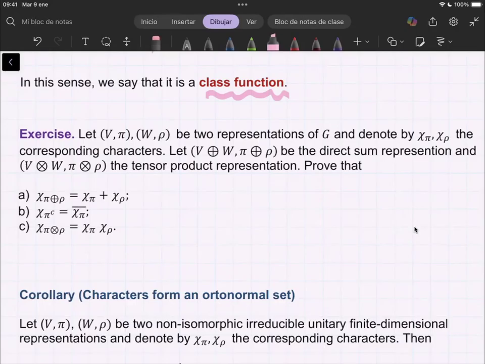The character of the tensor product is the product of the characters. In some sense, we have operations on the characters: sum, multiplication, and conjugation. The sum of the characters represents the character of the direct sum. The product represents the character of the tensor product, and the conjugate represents the character of the contragradient.